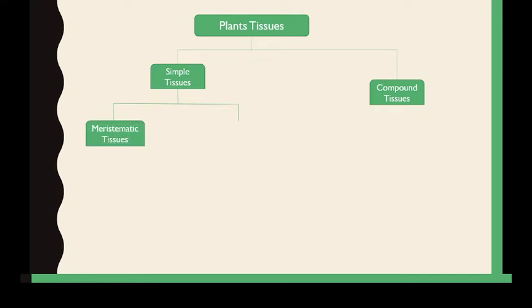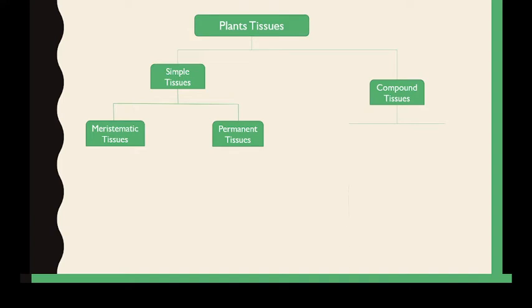What are plant tissues? There are two major types of plant tissues: simple tissues and compound tissues. As their name indicates, simple tissues are those tissues which are composed of only a single type of cells, while compound tissues are composed of more than one type. These simple tissues are further divided into meristematic tissues and permanent tissues.